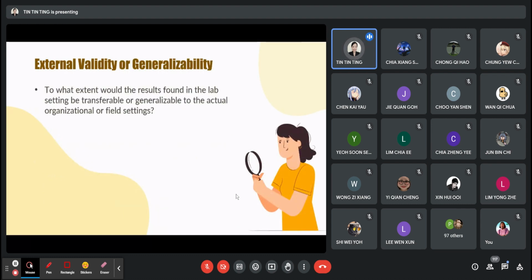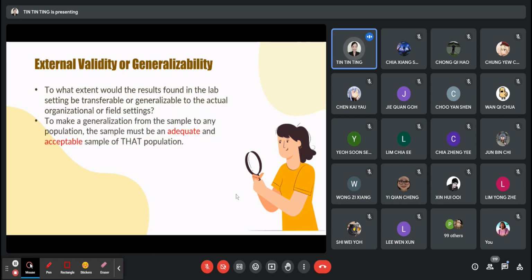External validity or generalizability, we have covered this in your assignment. To what extent would the result found in the lab setting be transferable or generalizable to the actual organizational setting? Meaning I have done this in my lab or in TAR-UMT.